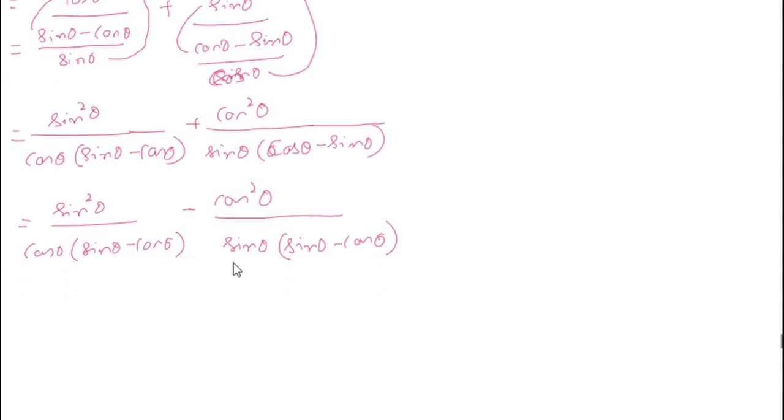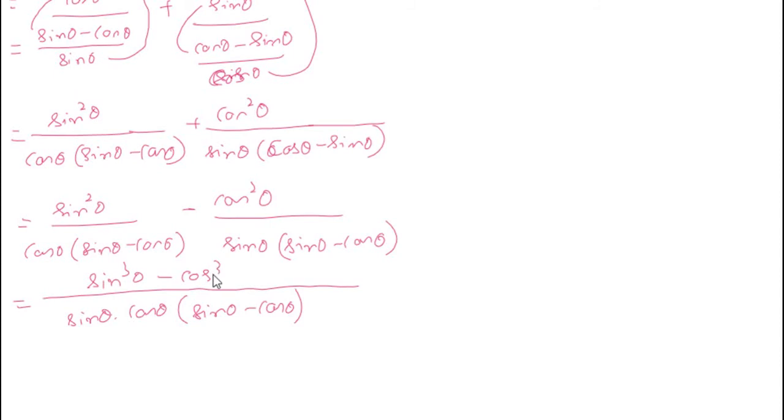Taking the LCM of these two terms, it is sine theta into cos theta into sine theta minus cos theta in the denominator. Here sine theta is not there in the first term, so we have to multiply by it in the numerator. So this becomes sin cube theta minus cos cube theta.